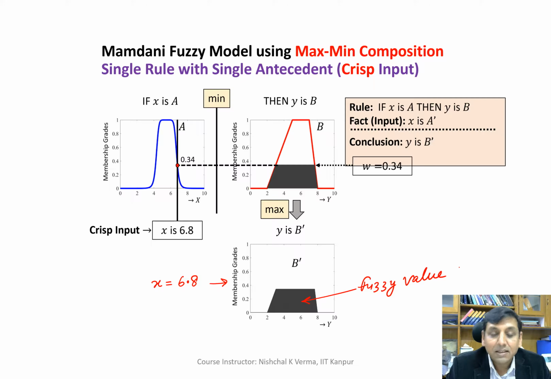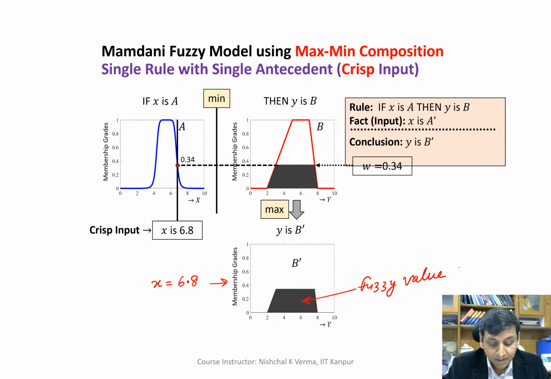We have fed the crisp value to the model, but we are getting a fuzzy value. So this fuzzy value has to be defuzzified to be further used. We will discuss at the end how we convert this fuzzy value into a crisp value by various kinds of defuzzification methods.